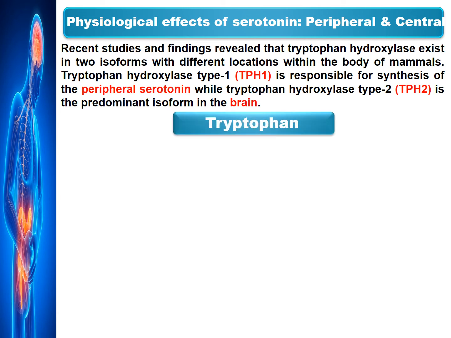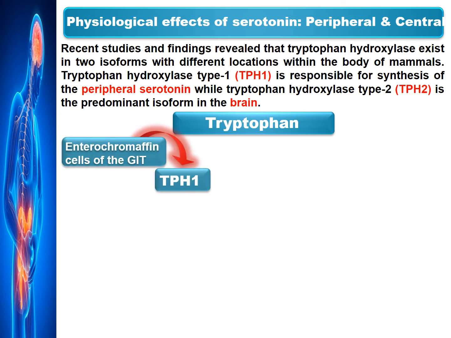The tryptophan, which is a precursor of serotonin, at the peripheral site, that is the enterochromaffin cells of the gastrointestinal tract, this tryptophan hydroxylase type 1 is present, which is responsible for the synthesis of peripheral serotonin from the tryptophan.